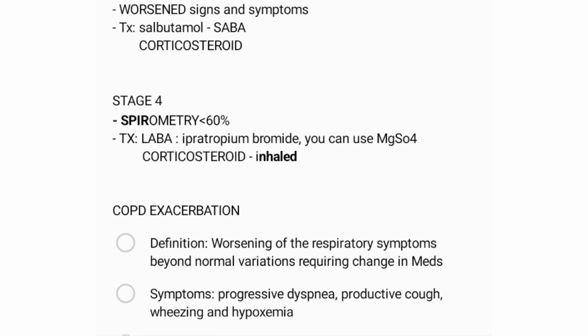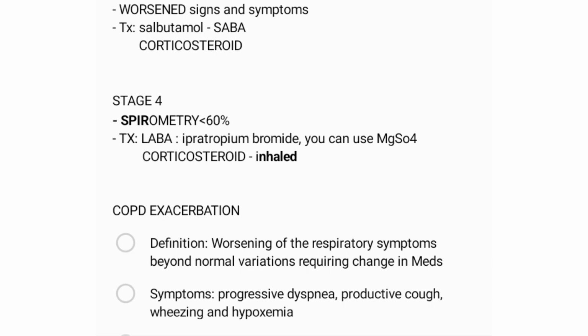Then stage 4, where the spirometry is less than 60%. Treatment now goes to long-acting beta agonists, so you can end up using formoterol. If those are not present, you can even use ipratropium bromide.